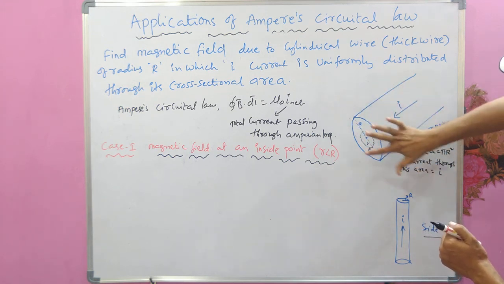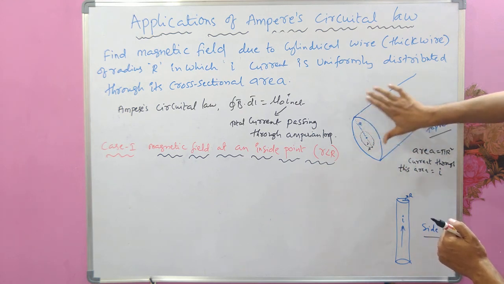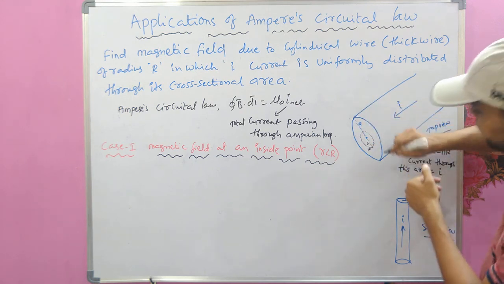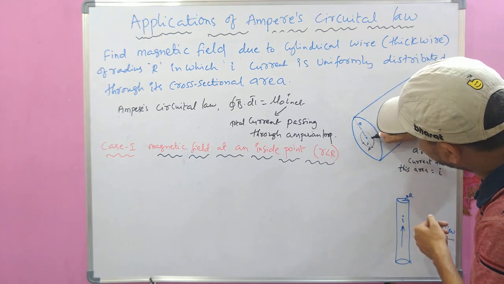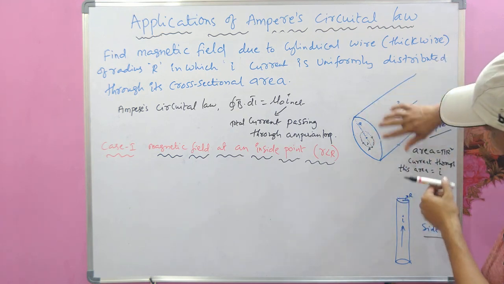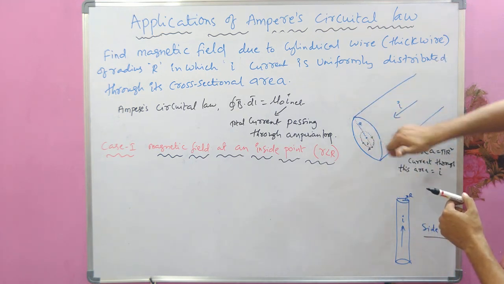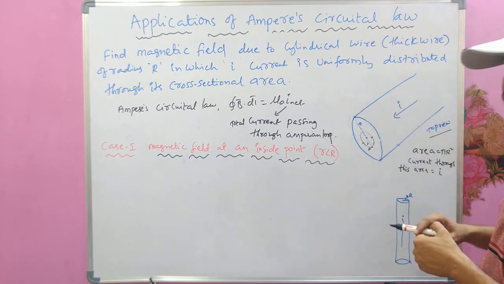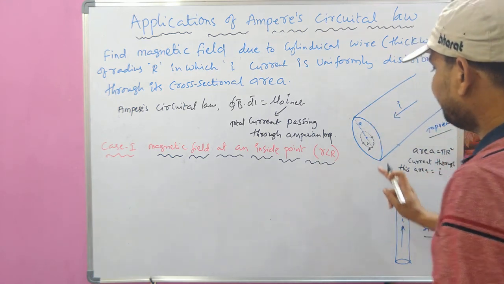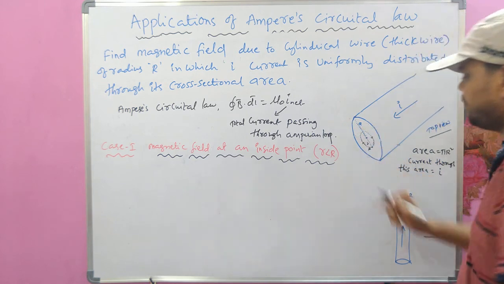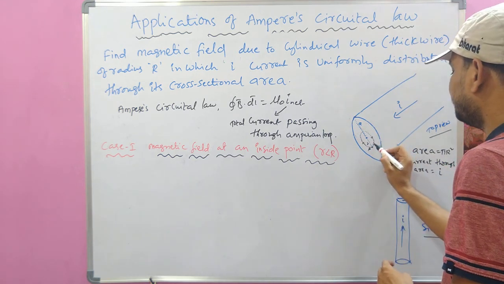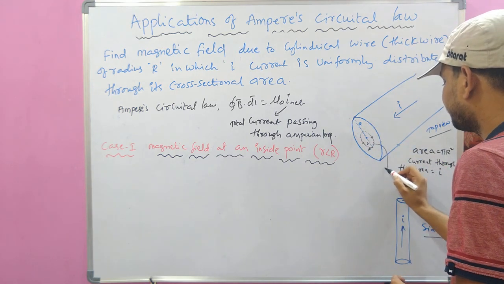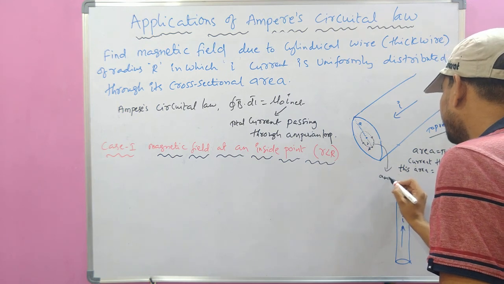So the path of this loop is chosen in the direction of the magnetic field. So this way, from here. And this is called the Amperian loop.